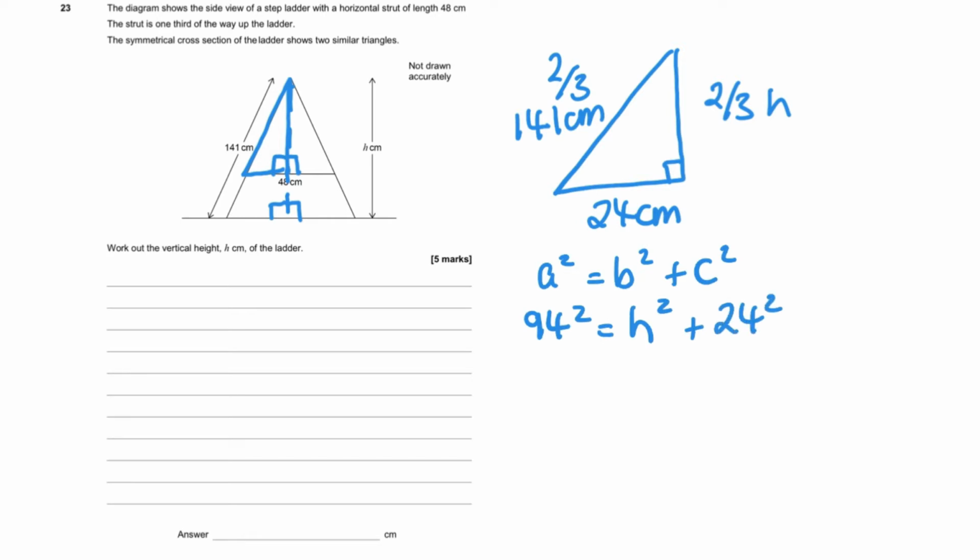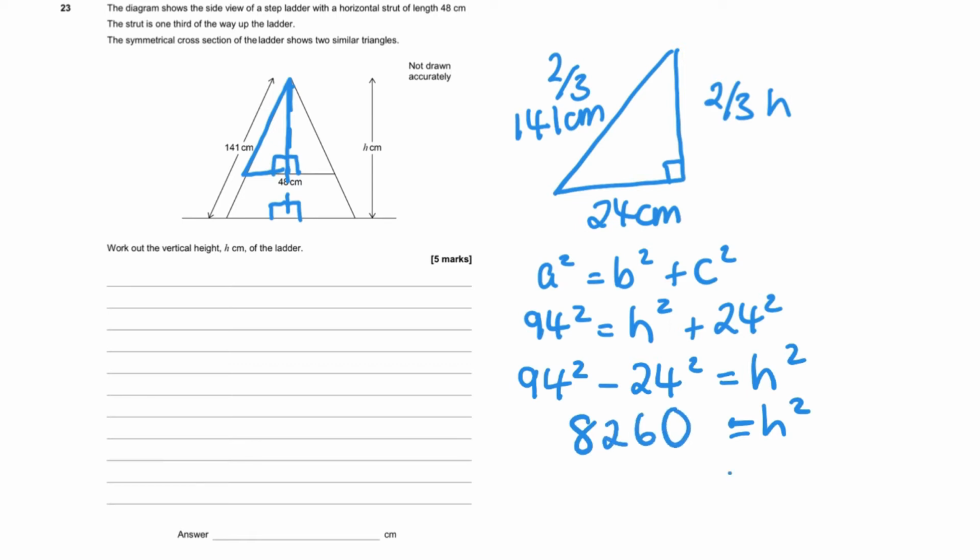So if we minus 24 squared from both sides, we've got 94 squared minus 24 squared is equal to h squared. So h squared is equal to 8,260. So h is equal to 90.9 centimetres.